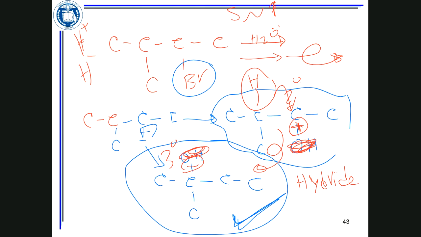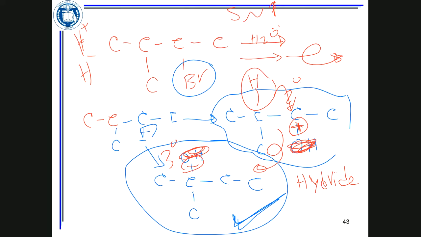It's important to know under what condition a shift can take place and what the benefit should be. The benefit is going from a secondary carbocation to a tertiary carbocation. The condition is that you must have a hydrogen attached to the adjacent carbon. If H moves with the pair of electrons and replaces the plus charge, this is called a hydride shift.